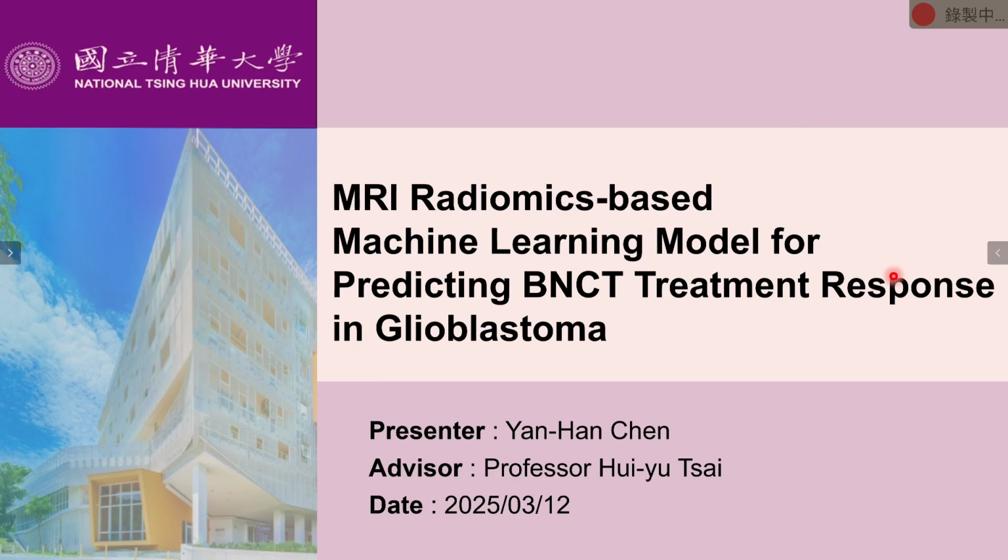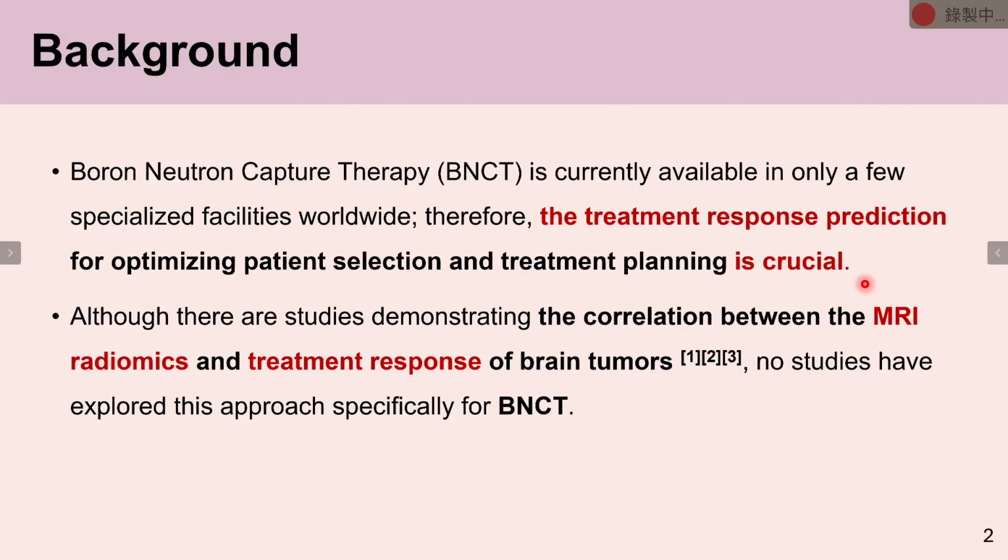Boron neutron capture therapy is currently available in only a few countries, and the patient arrangements of BNCT are still evolving and require further standardization. Therefore, treatment response prediction for optimizing patient selection and treatment planning is crucial.